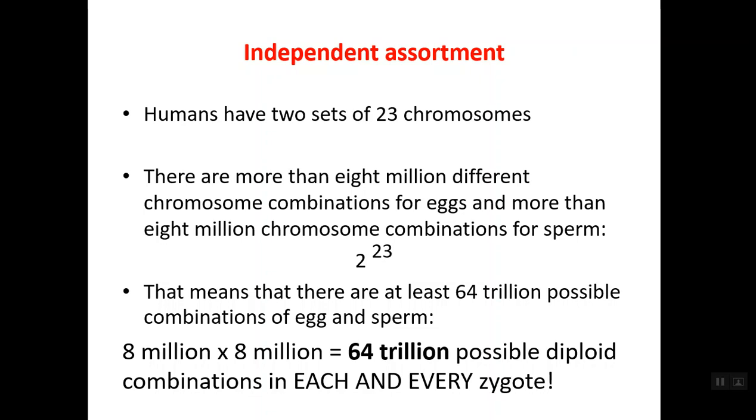But theoretically, imagine if a couple would have hundreds of kids, the chances that two of their children have the same combination of chromosomes is very, very, very low. It's less than 1 in 64 trillion.